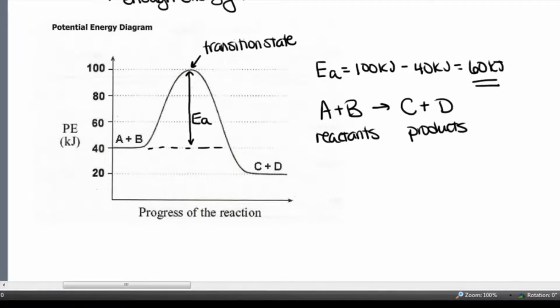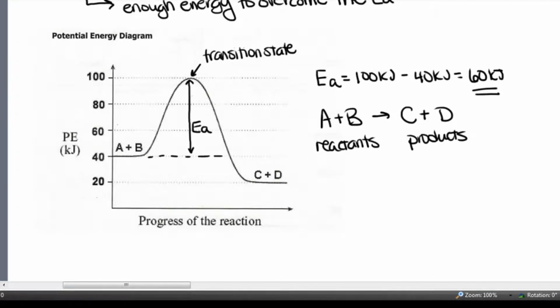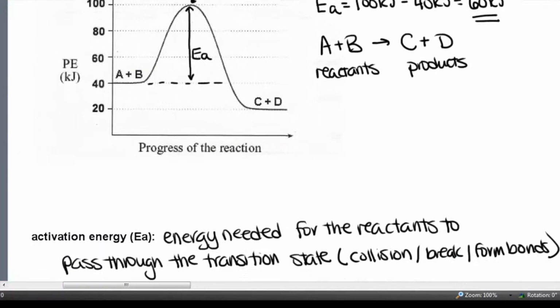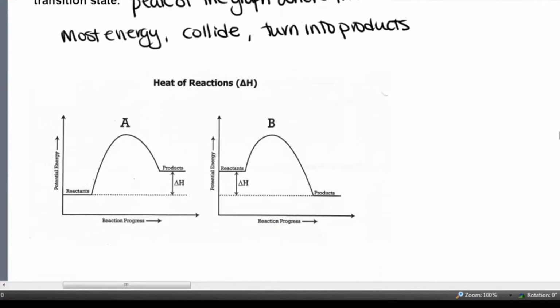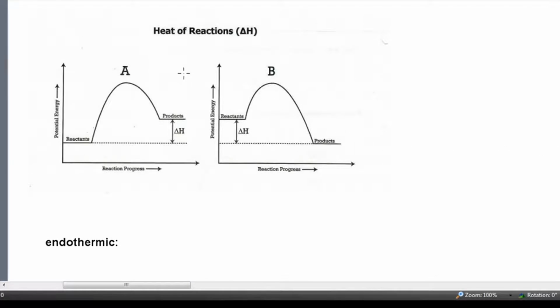Now let's take a look on the last page as to what it looks like when a reaction is endothermic versus exothermic. This is what we call the heat of reaction. Now you'll notice I changed variables on you, okay? I was talking about heat as Q. Now, technically, Q and delta H are not the same thing.